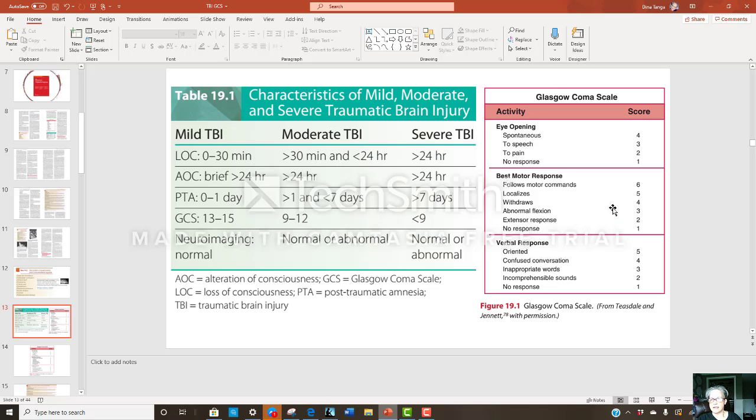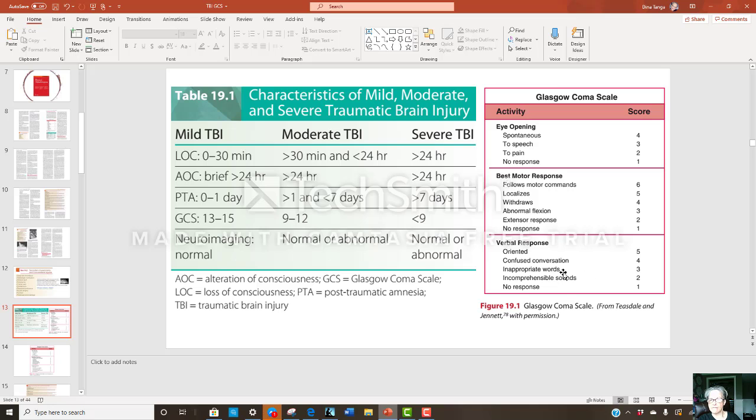So to be a mild TBI, 13 to 15. Let's see, what could they get? They could get spontaneous eye-opening, localizes motor response, which is a 5, and verbal response oriented to get a 13.